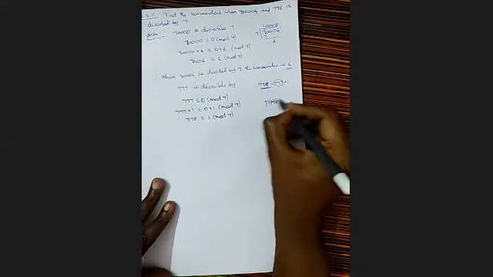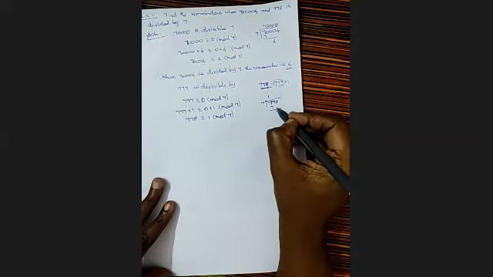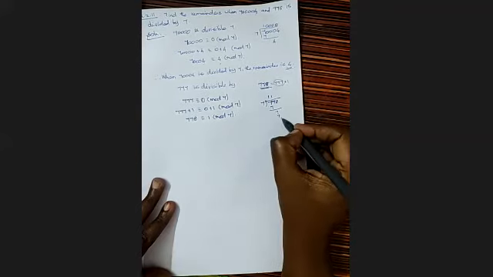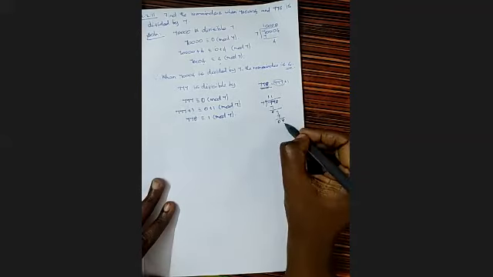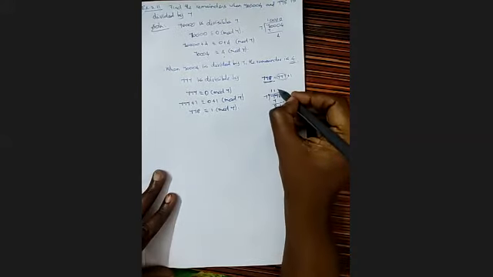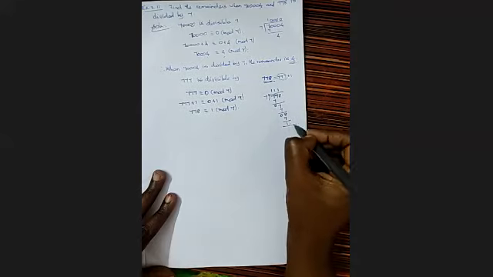778 divided by 7. 1 7 is 7. Then the next number 7. Again 1 7 is 7. Remainder 0. The next digit is 8. How many 7s are there in 8? 1 7 is 7. So the remainder is 1.